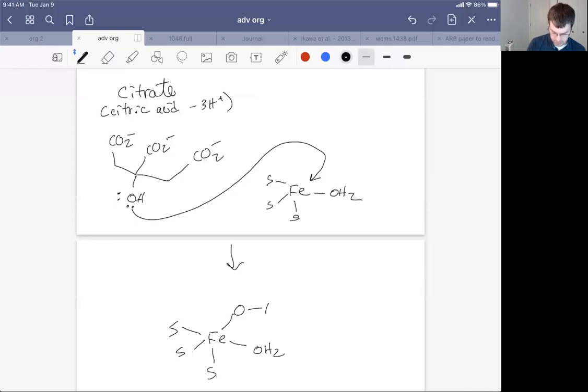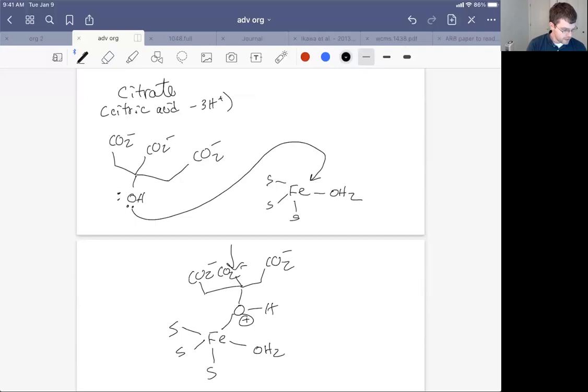So we have OH. I'm not really organizing my structure that well, and that needs to be a better bond.